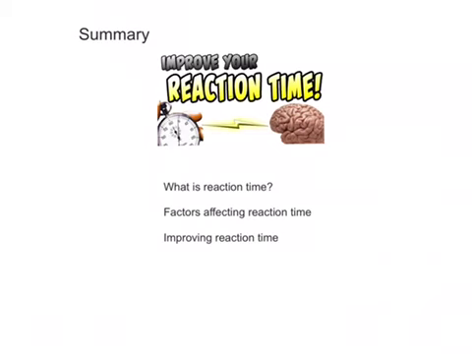And then we can improve reaction time by anticipating the situation, trying to predict what's going to happen, looking for cues. Again, what are some things our opponent or the situation are showing us that might give us a clue to what's going to happen? Attention focus, that gives us the ability to focus on different areas of the activity.